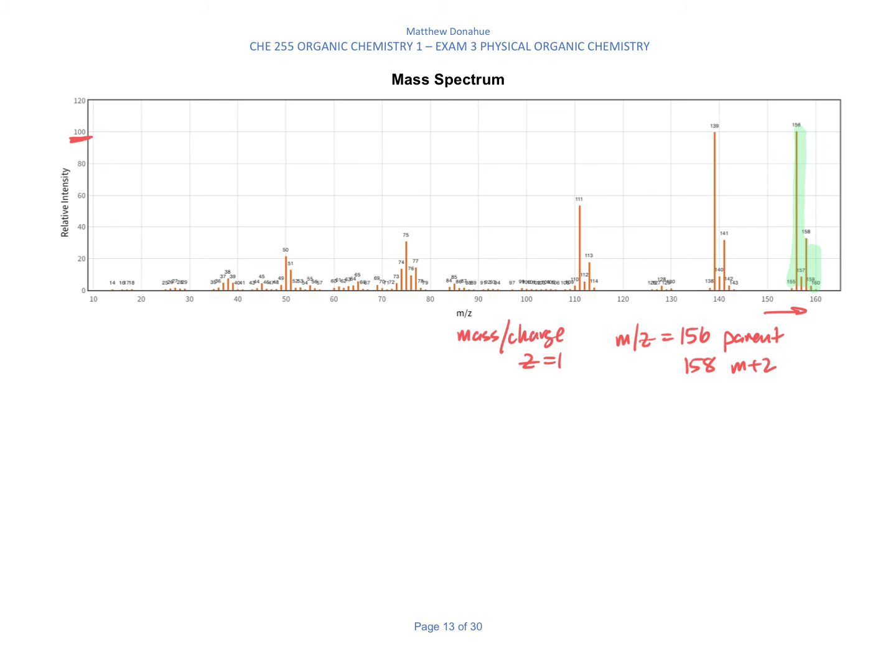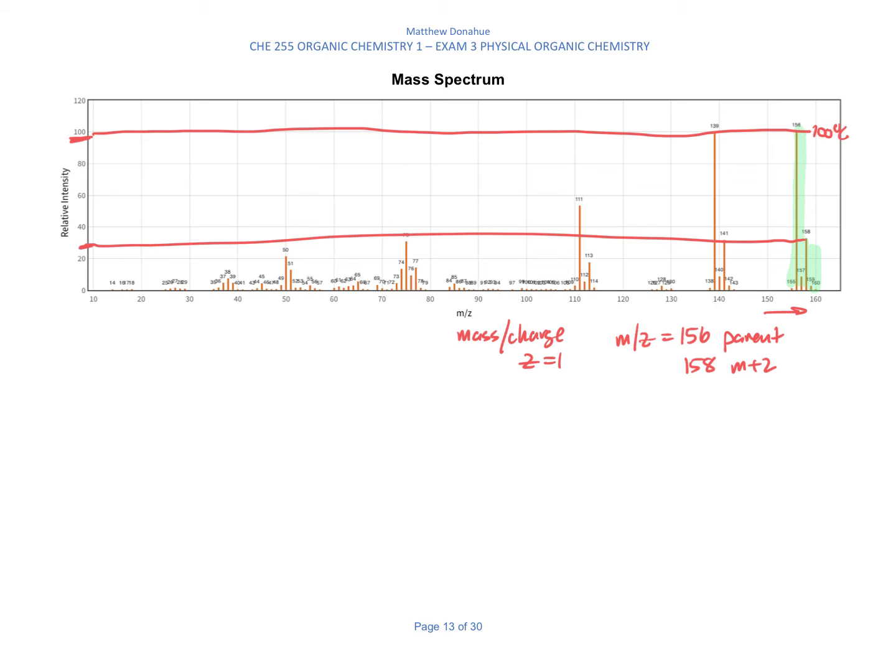And so if we draw a line over, so there's 100%. And then we look at this M plus 2 at 158, and we draw a line back over this way from there. You're hitting about 30%. And so what is that telling you at this M plus 2?